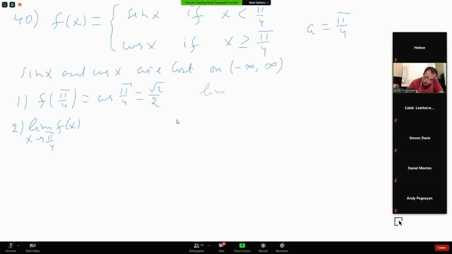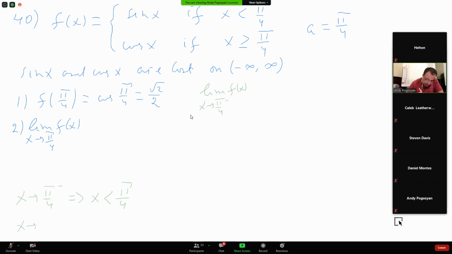So x approaches pi over 4 from the left implies x is less than pi over 4.